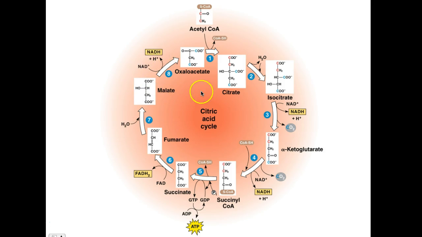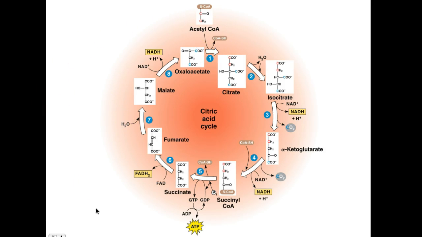So in total, per one turn of the cycle, we get 3 NADH molecules, 1 FADH2, and 1 ATP. Total, we get 6 NADH molecules, 2 FADH2s, and 2 ATP because you have 2 pyruvate at the end of glycolysis.